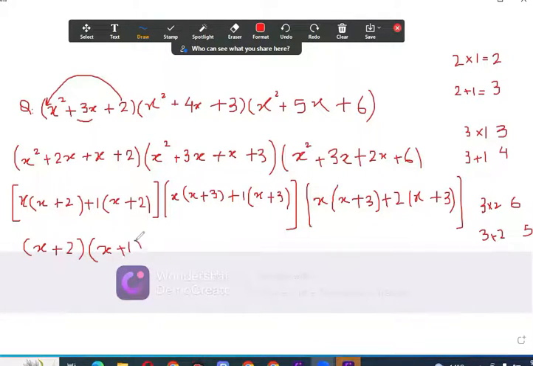Now from the second term you can take x plus 3 common, and what is left is x plus 1. And from the last term you can take x plus 3 common, so what is left? x plus 2 is left.